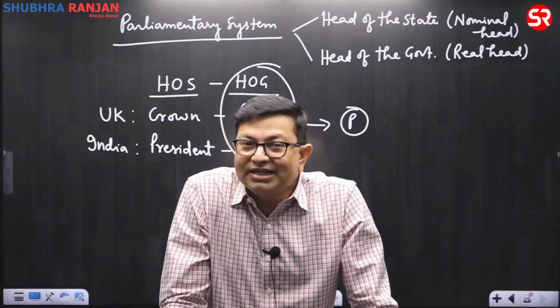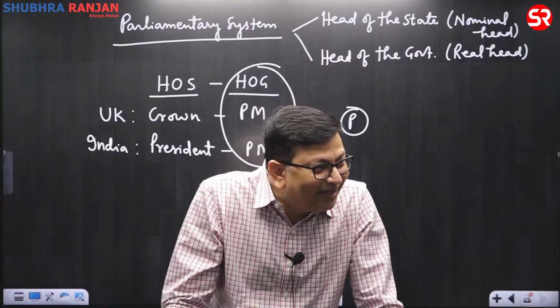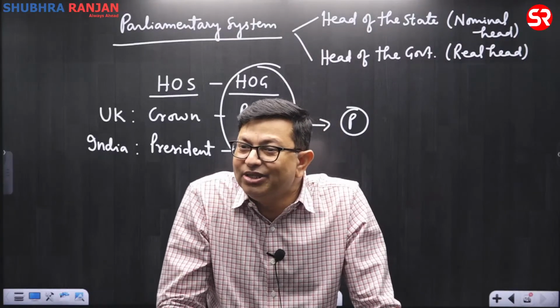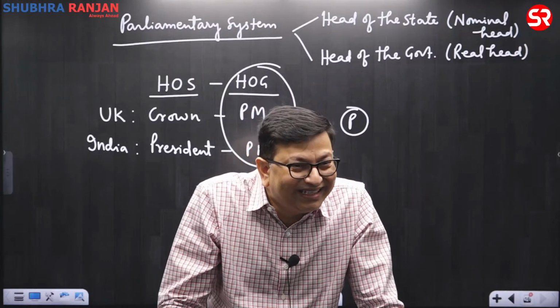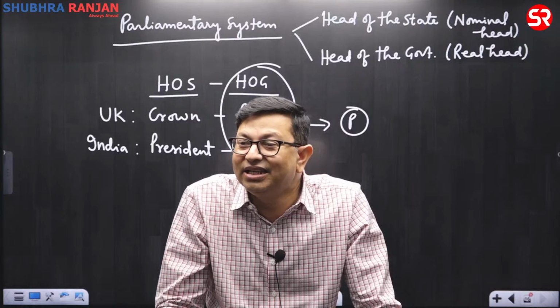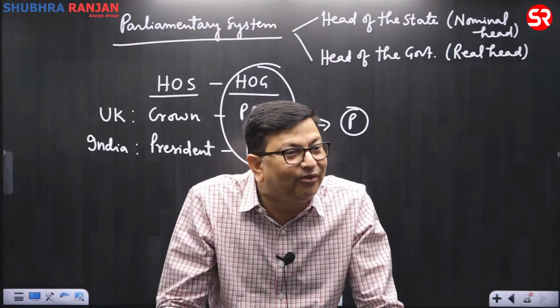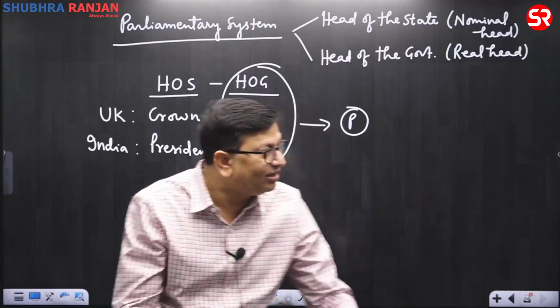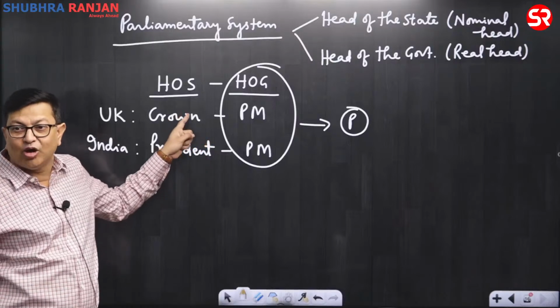Because such a system evolved in the United Kingdom. The United Kingdom is known as the mother of parliamentary democracy. And in United Kingdom, the legislature is known as the parliament. So as the system evolved there, the crown, means the king or the queen, will be the nominal head.